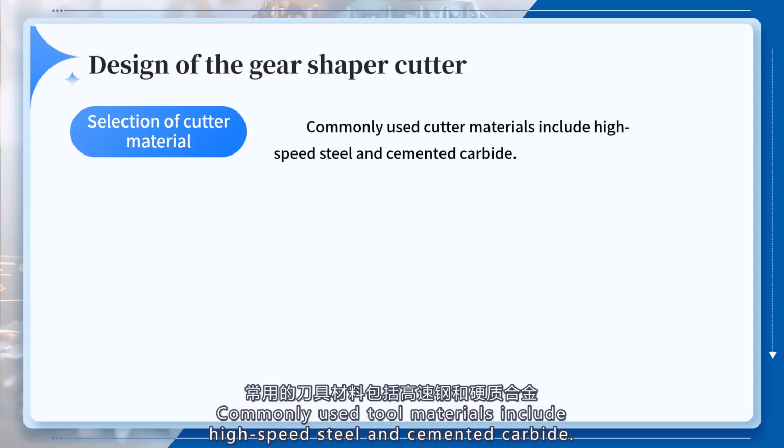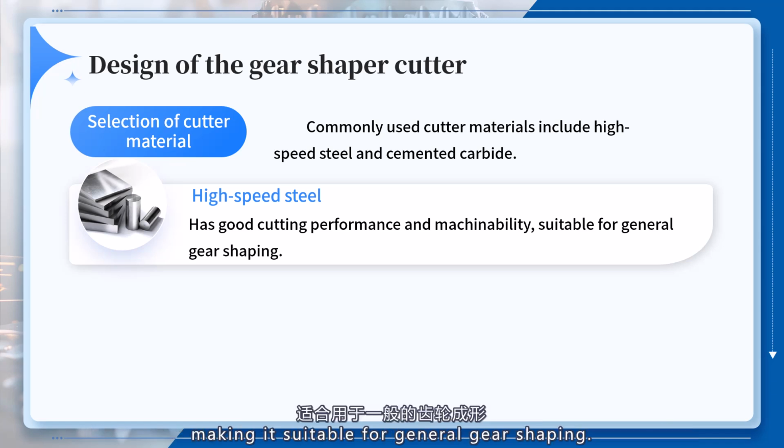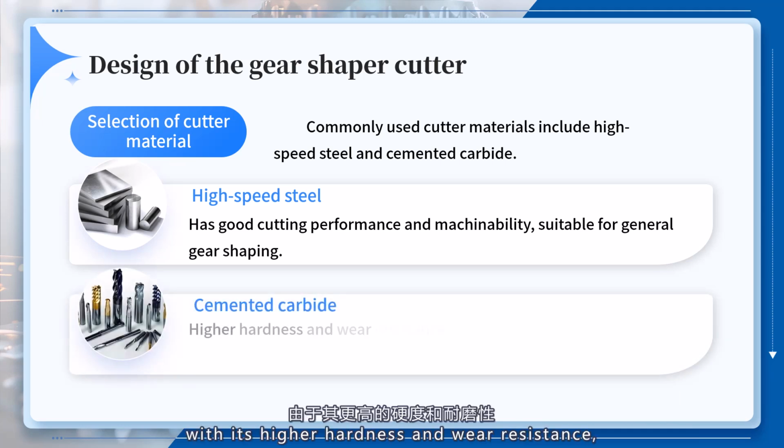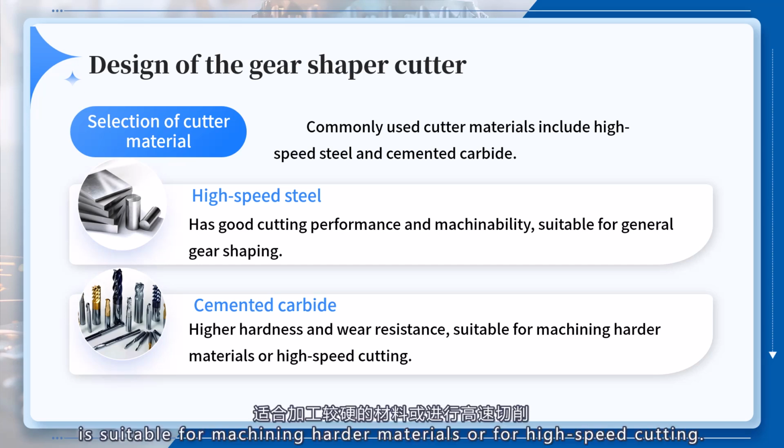Commonly used tool materials include high-speed steel and cemented carbide. High-speed steel offers good cutting performance and workability, making it suitable for general gear shaping. Cemented carbide, with its higher hardness and wear resistance, is suitable for machining harder materials or for high-speed cutting.